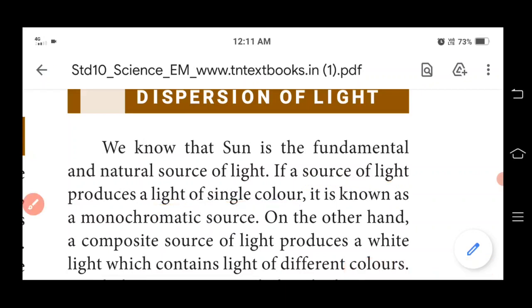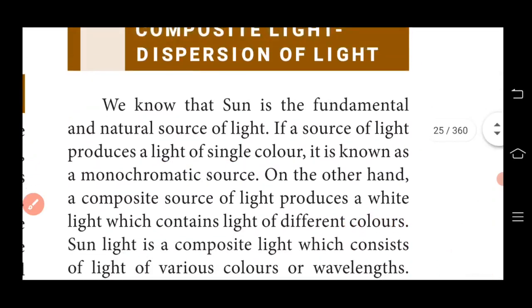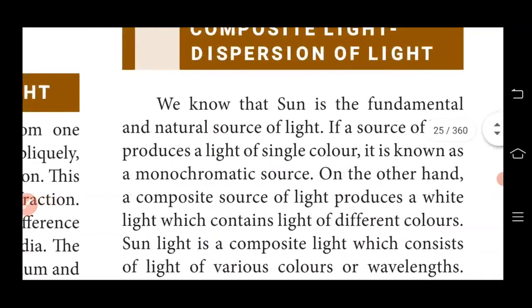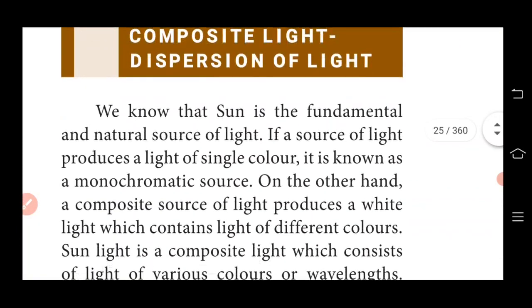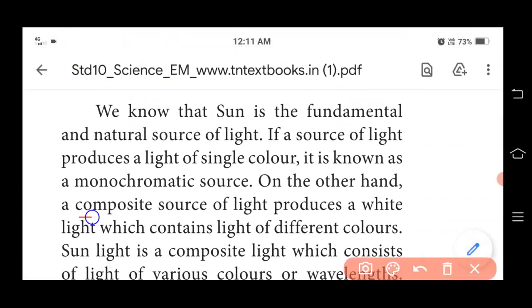And then the third question, what is meant by composite sources? Because our topic is refraction of a composite light or composite source. So what is meant by composite source of light?